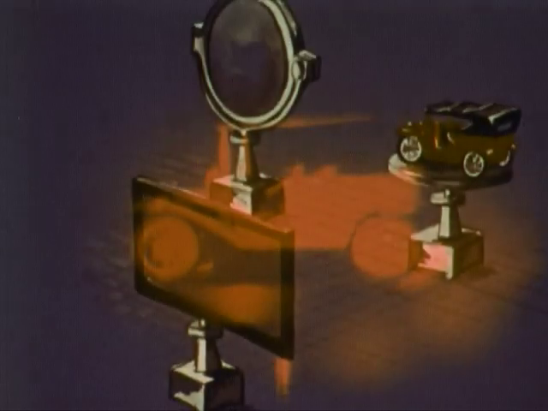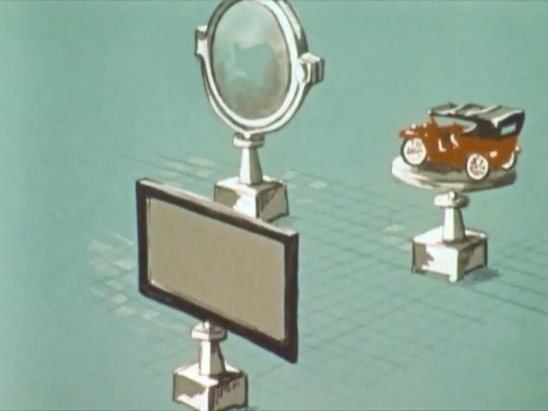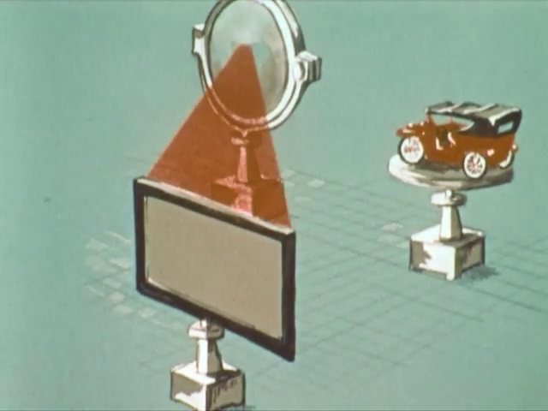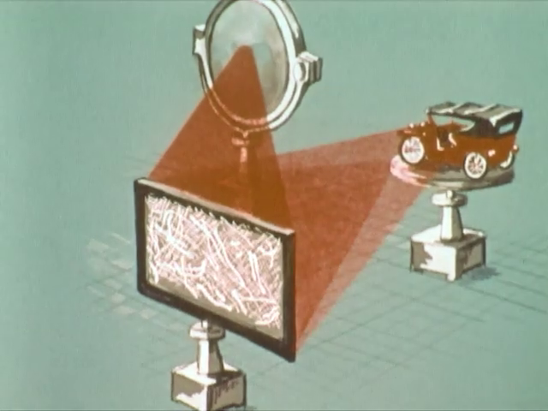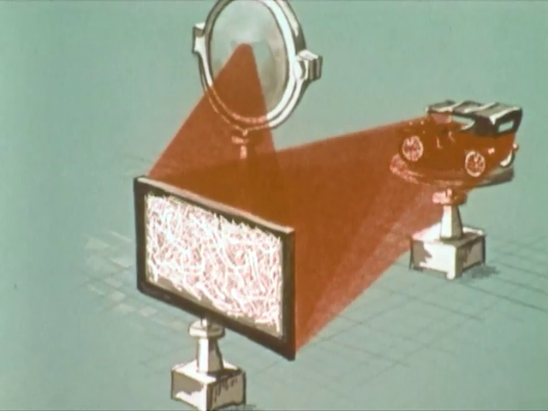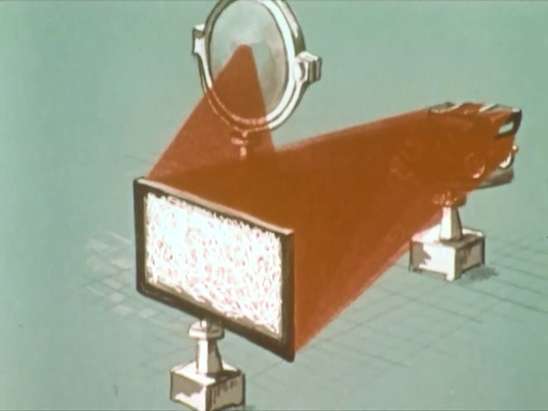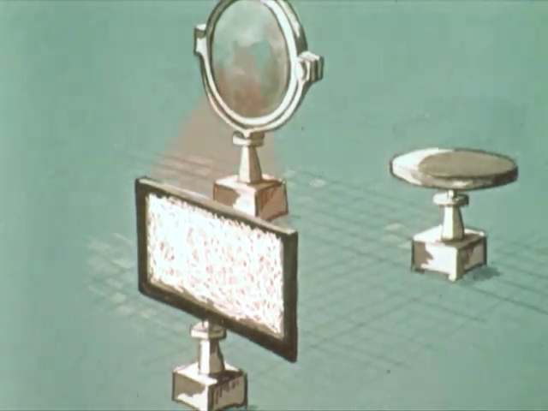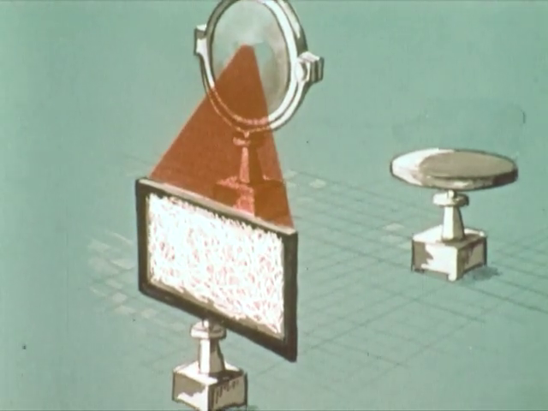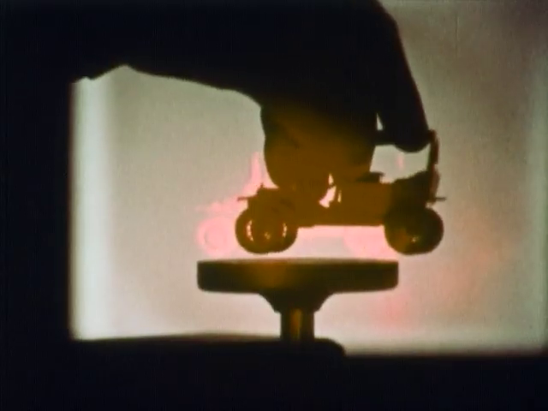Here is an explanation of what happened inside the emulsion. The reference beam from the left interferes with each reflected light beam from the car, creating an interference pattern. The emulsion simultaneously records all the patterns caused by all the points. Now, when the reference beam alone shines through the film, each pattern reconstructs its own object beam, and thus the whole car appears to be reconstructed.